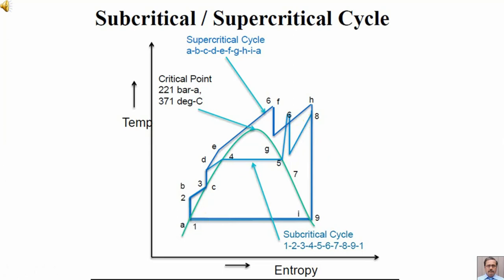Whereas the supercritical cycle goes from A to B to C to D to E to F to G, then H, I and back to A.